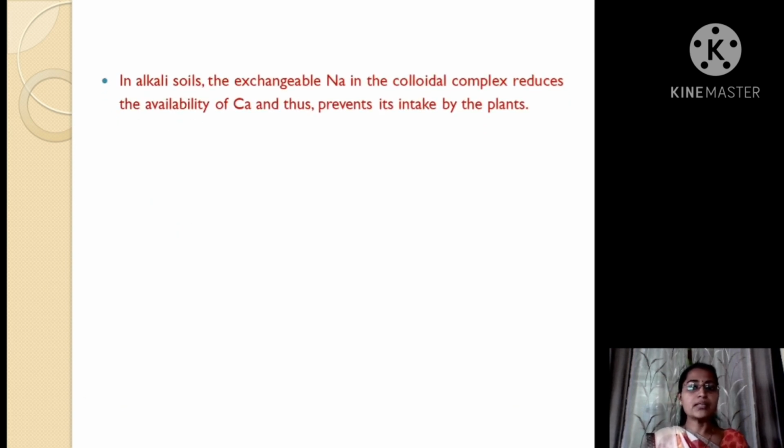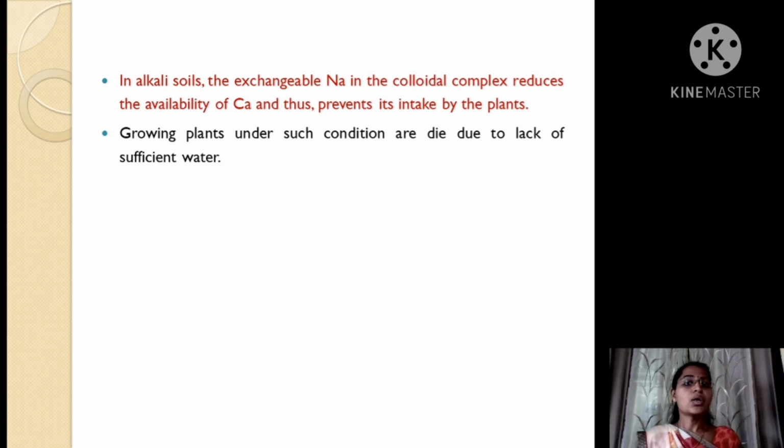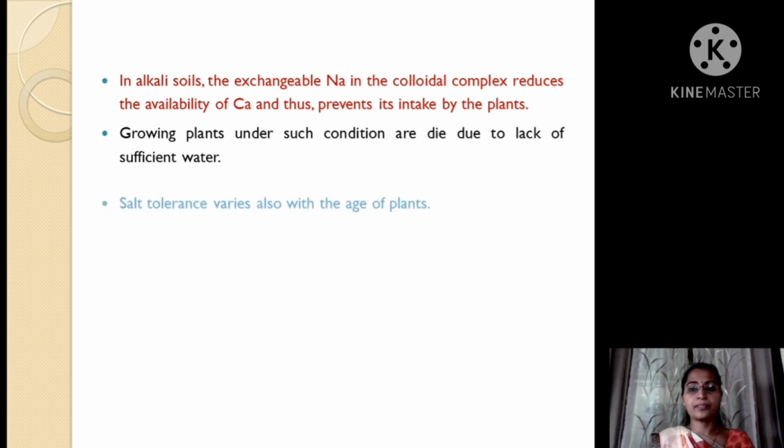In alkali soils, the exchangeable sodium in the colloidal complex reduces the availability of calcium and thus prevents its intake by the plants. Growing plants under such conditions die due to lack of sufficient water.